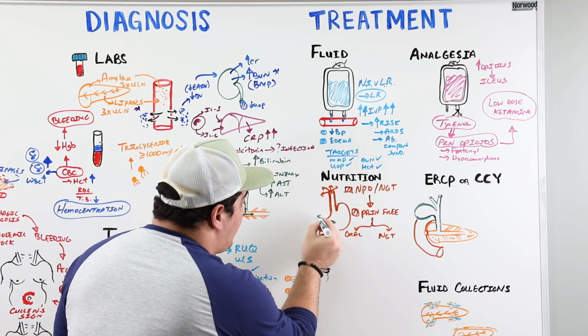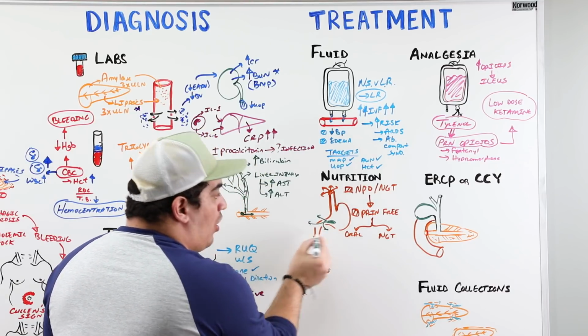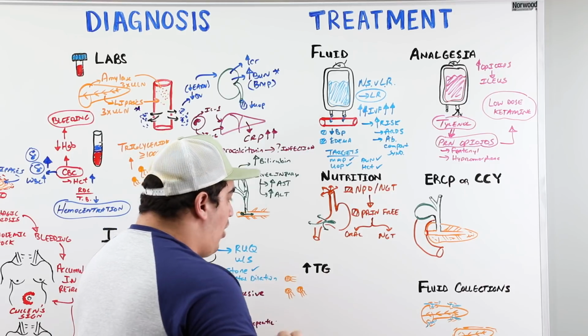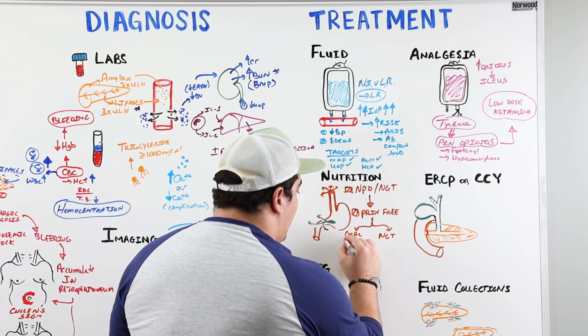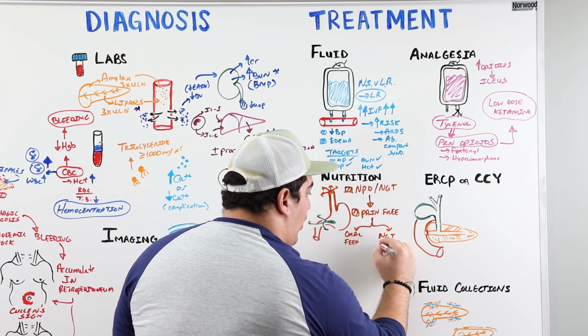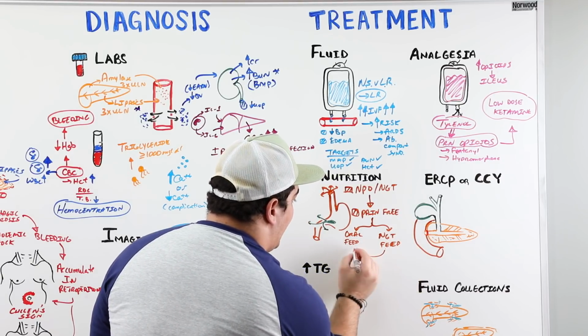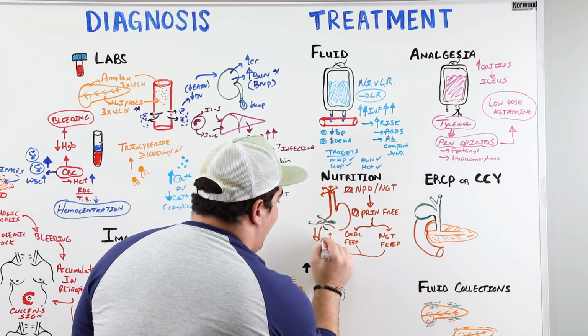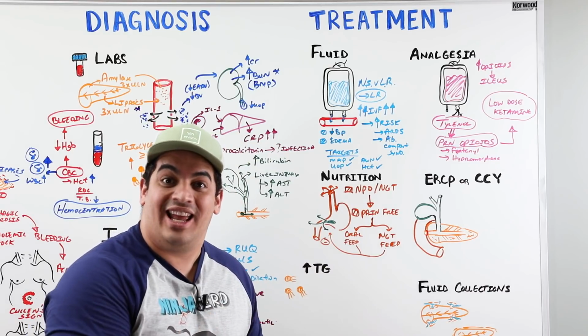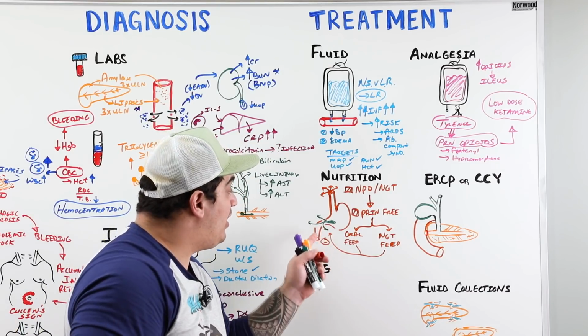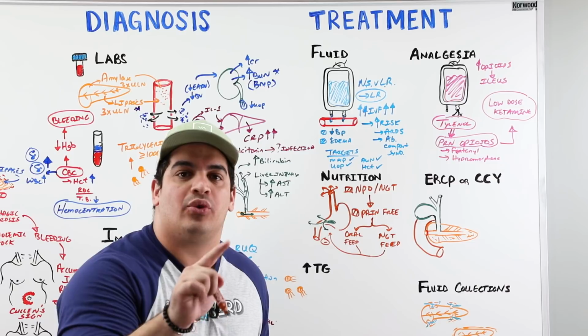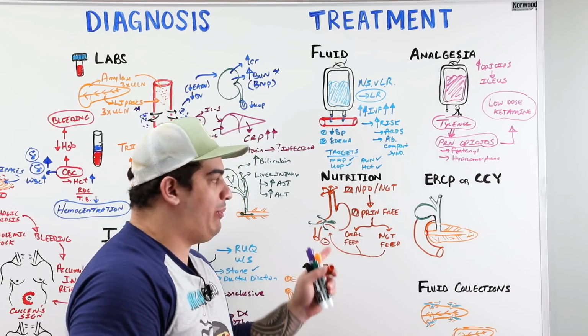And so bacteria can actually translocate when there's all of this permeability. They found that whenever you do oral feeding early or NG tube feeding early, this was shown particularly to inhibit this process, to inhibit the gut permeability, inhibit bacterial translocation, and reduce the risk of infection associated with pancreatitis.